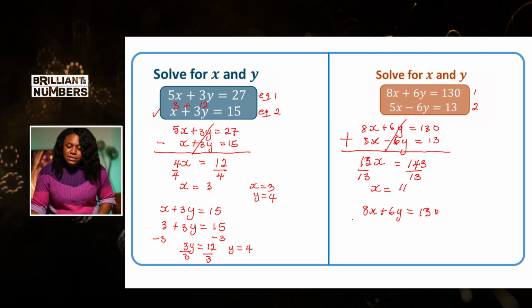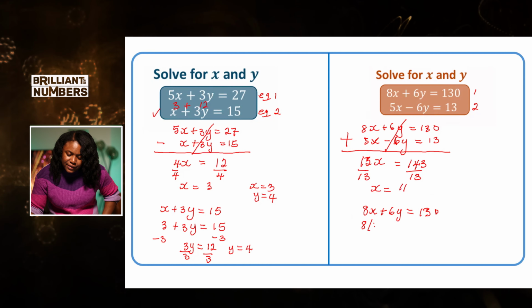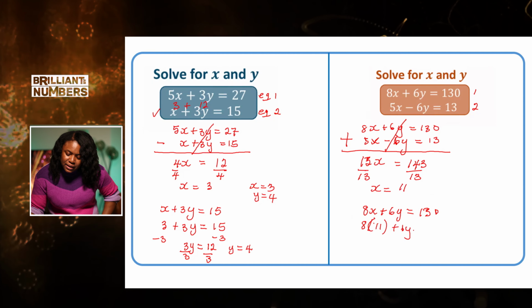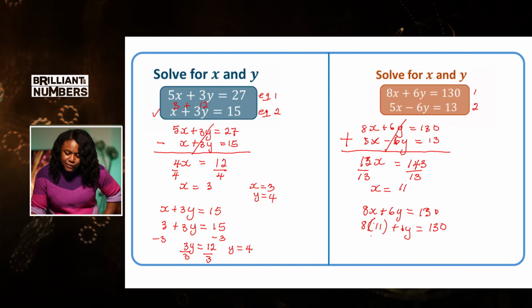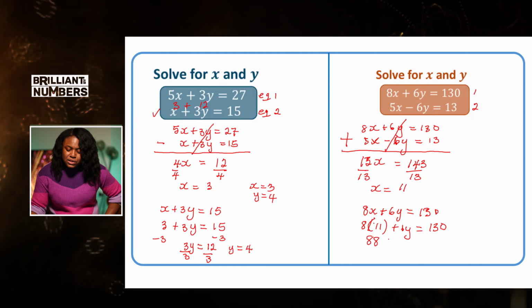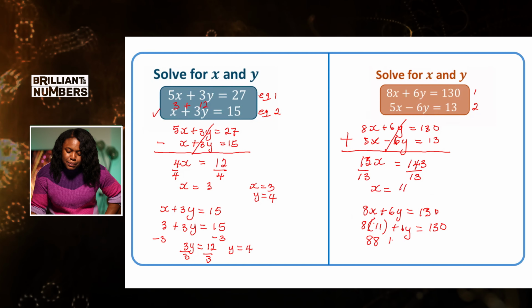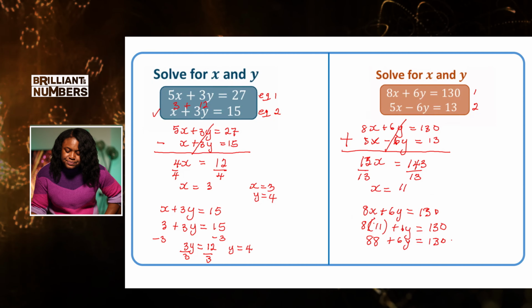And then I need to substitute x for 11. So 8 times 11 plus 6y equal to 130. Therefore, I get 88 from this bracket pair. So 8 times 11 is 88 plus 6y equal to 130.